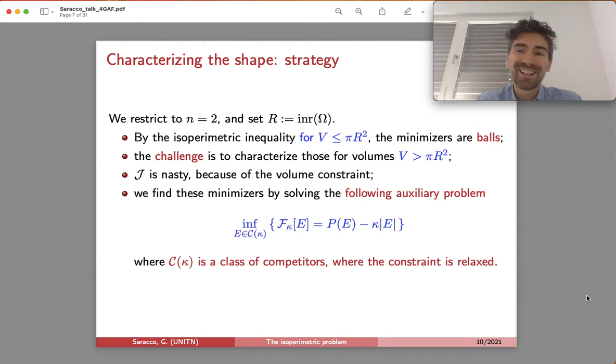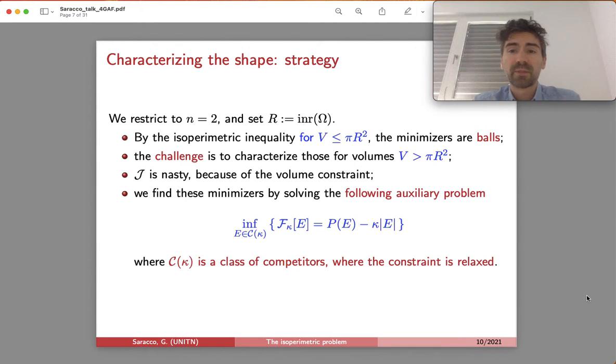And well, the bad thing is that the functional J is nasty. And this is because it has a volume constraint, which is not very easy to deal with. So the strategy we will employ is to find minimizers of a different problem, of an auxiliary problem, and well, we shall actually prove that we can then find all isoperimetric sets minimizing this auxiliary problem for some suitable choices of parameters, okay?